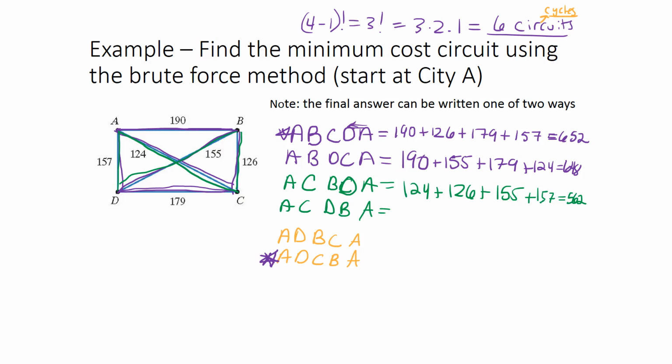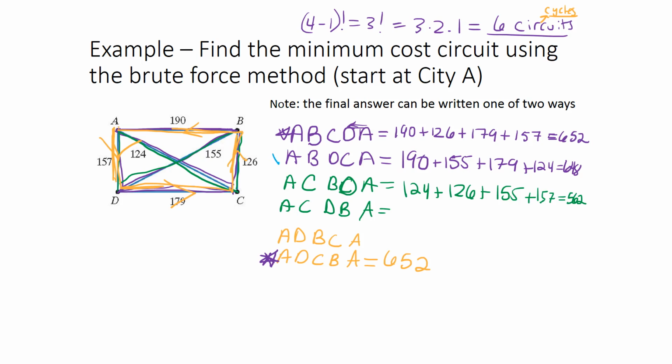So if you go around A, B, C, D, A, or you go around backwards, A, D, C, B, A, the cost is obviously going to be the same. You're hitting the same edges. So this should actually be the same as the top one.